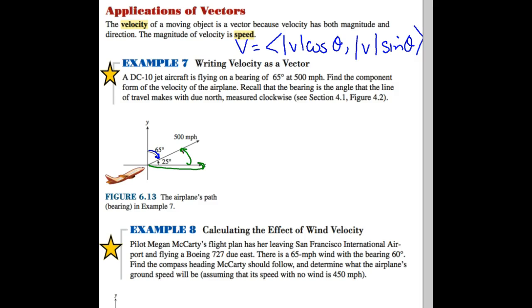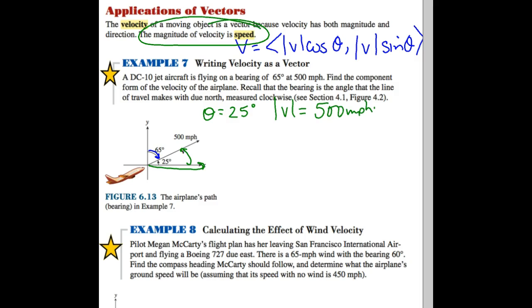Okay. What is the magnitude? What's your magnitude for this one? 500 miles per hour, yes? When they give you a speed, that's your magnitude. So magnitude is 500.